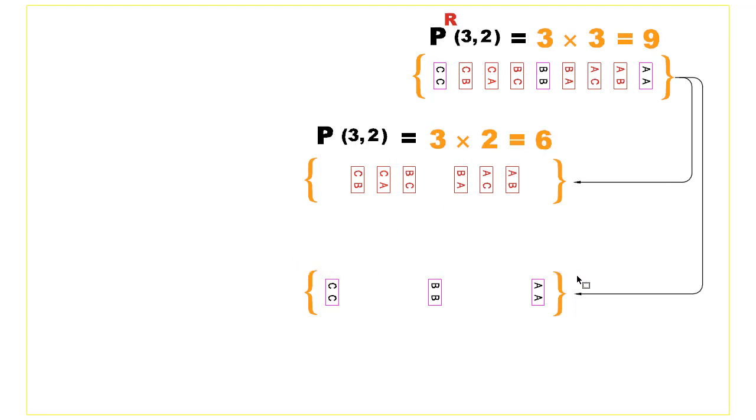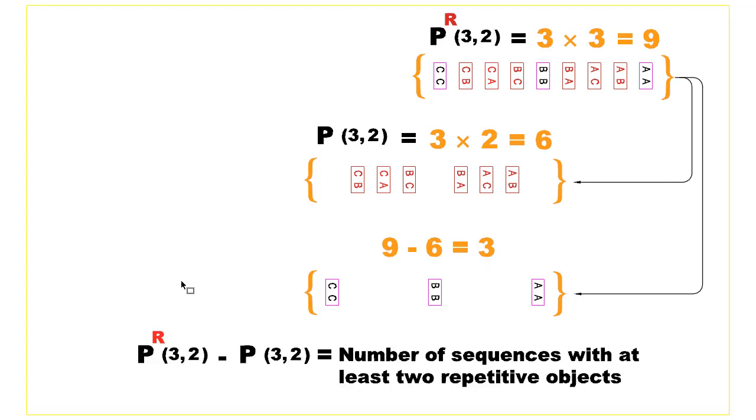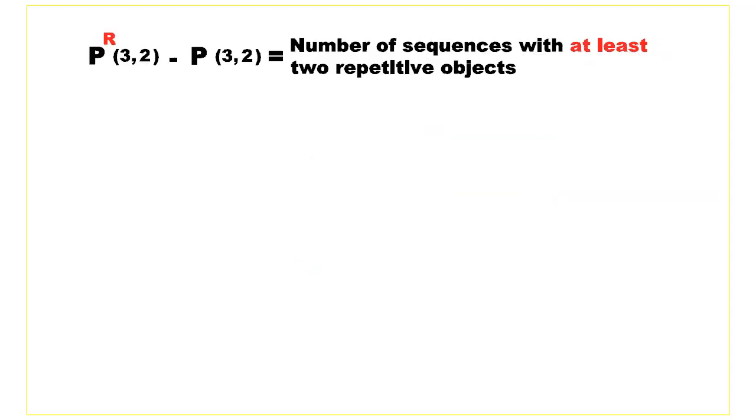And now the sequences with repetitive objects is the difference between them. So PR minus P is equal to the number of sequences with at least 2 repetitive objects. If we were permuting 5 objects, 3 at a time, then we are going to find CC and CCC and so on. We try to make this example as small as possible.